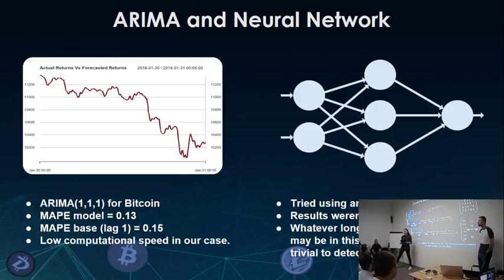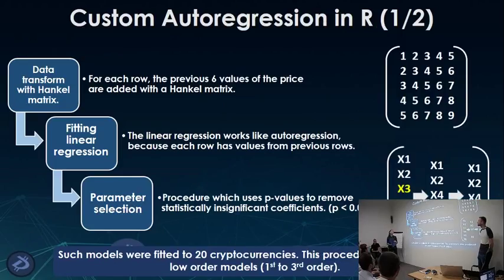As Max said, our best performing model is autoregression. In the beginning, we started with lots of regression models, but in the end, we decided to use linear regression with a Hankel matrix.